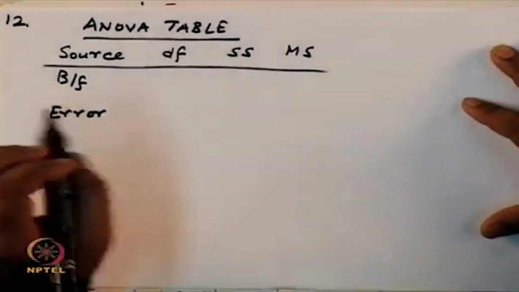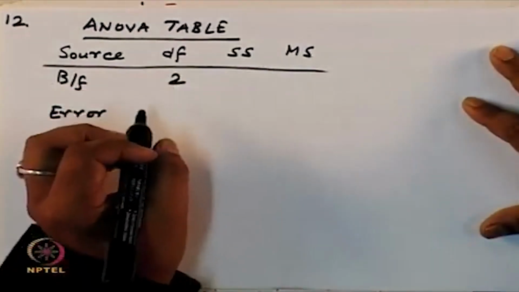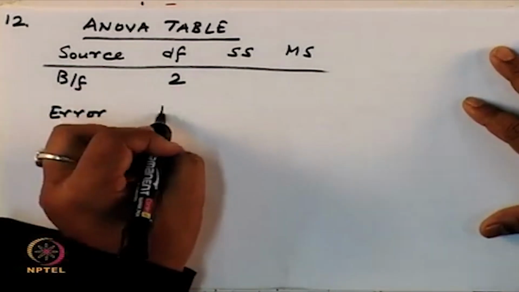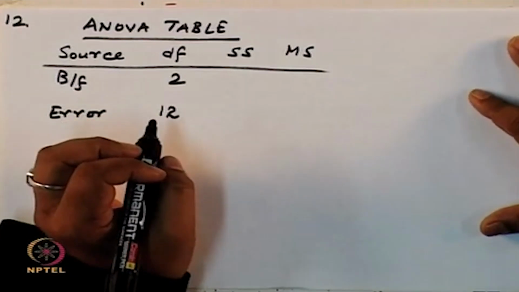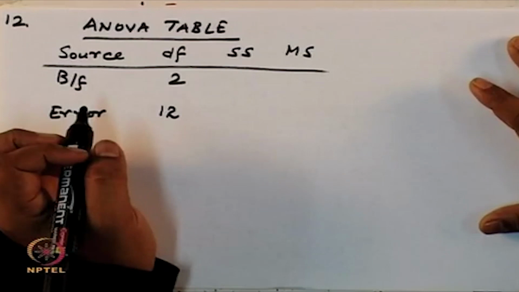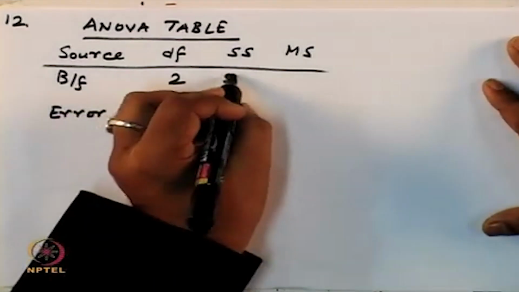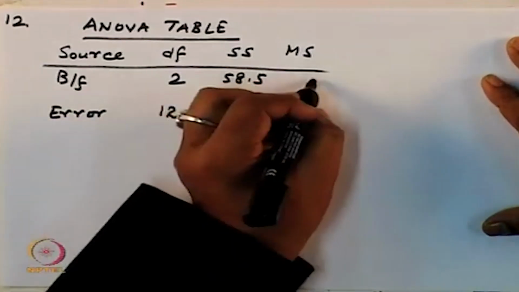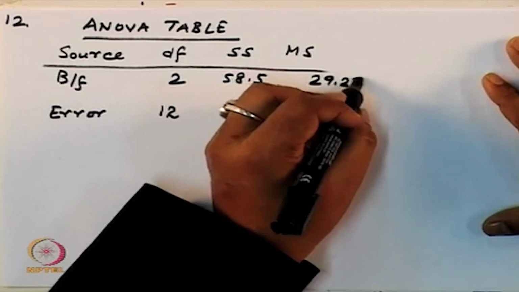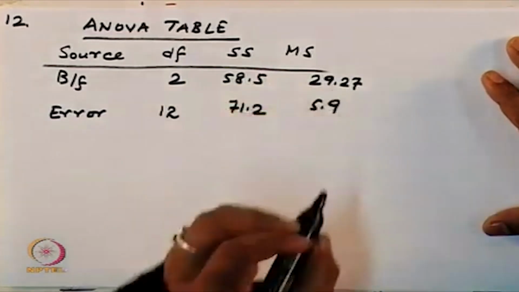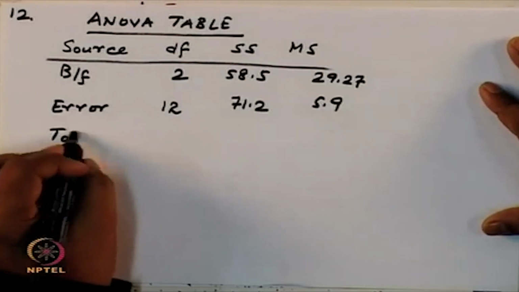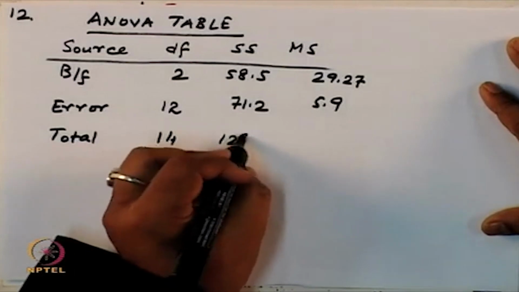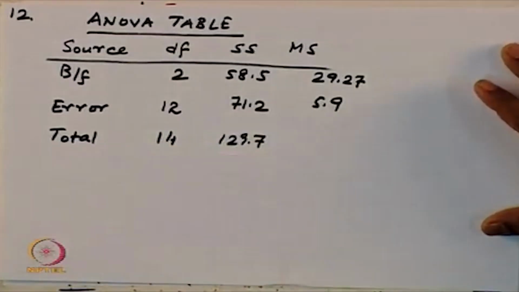For breakfast your degrees of freedom is 2 because k is equal to 3. For error you have n minus k, with n equal to 15, so n minus k gives you a value of 12. This we calculate as 58.5, this you calculate as 71.2. You can accordingly calculate MST and MSE, and you can do the total. This is 14, this is 129.7. So, this is your ANOVA table.